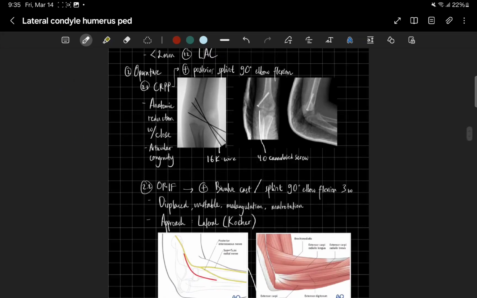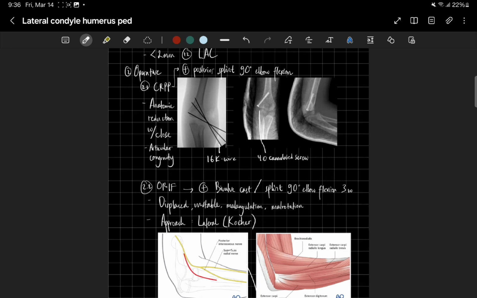Meanwhile, for those patients with a displacement of more than 2 millimeters, or those who can be treated with closed reduction, with an anatomical reduction under fluoroscopy, we can do closed reduction and percutaneous pinning, in addition to a posterior splint at 90-degree elbow flexion, as stated here in my notes.